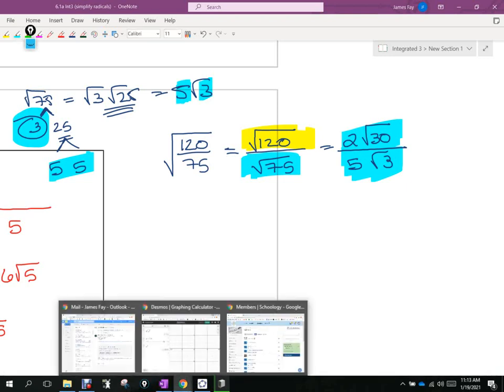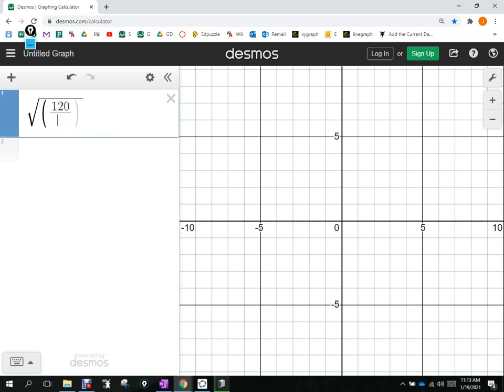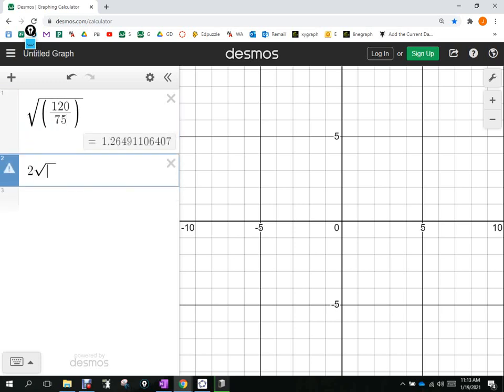Let's double check. So square root of 120 over 75 gives me that number there. If we go 2 times the square root of 30, all of that divided by 5 times the square root of 3.